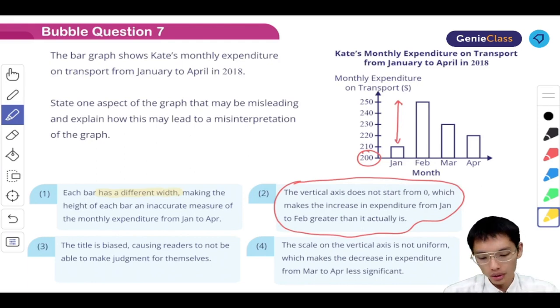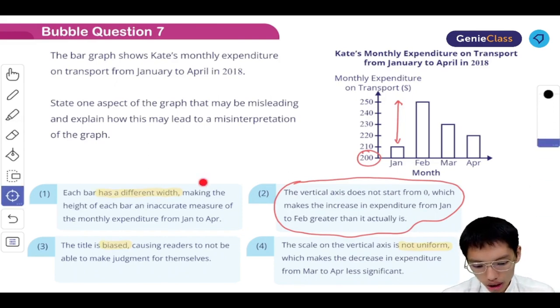Bottom, the title may be biased. Again, this is a neutral title, so it's okay, but it is a possible way to suggest that the graph is misleading. Third one, the scale is not uniform, which is another possible way to explain a misleading aspect of the graph, but in this case it's uniform, that's why it's not correct.